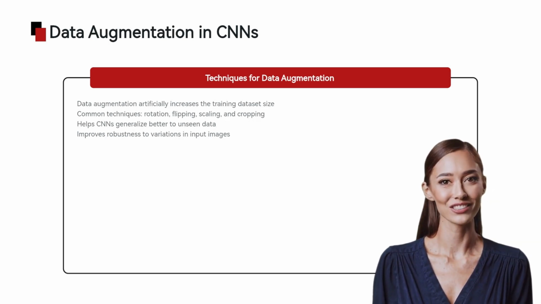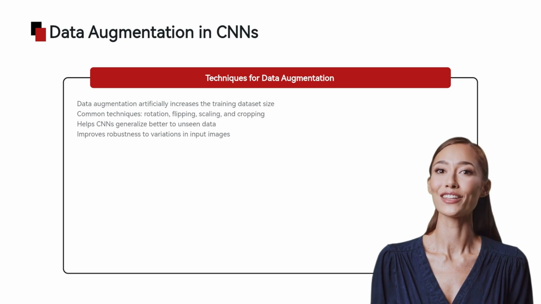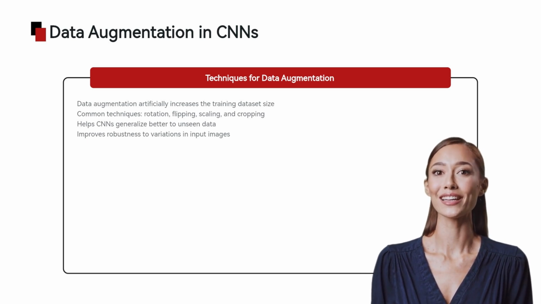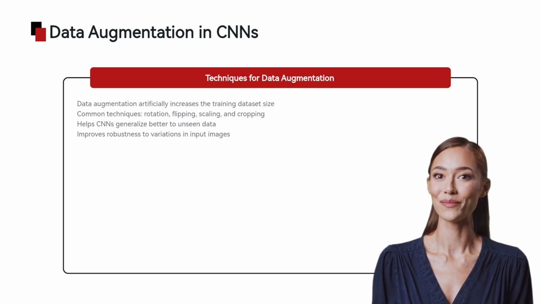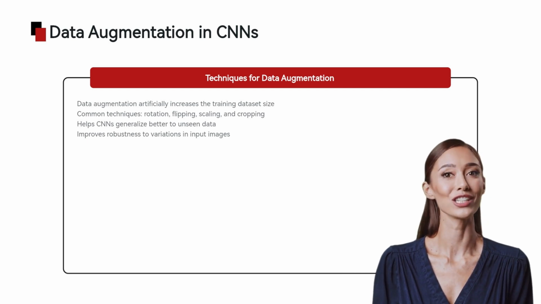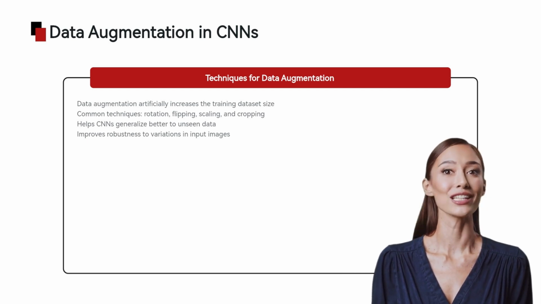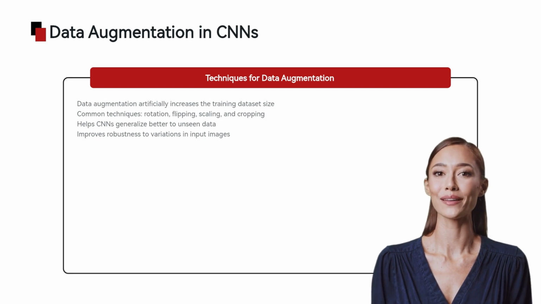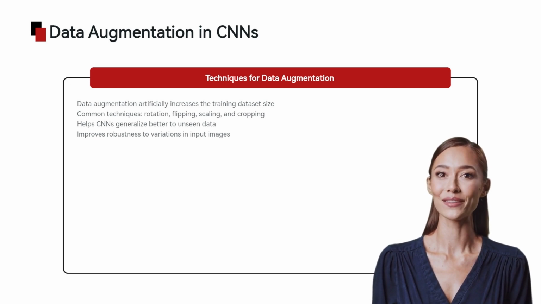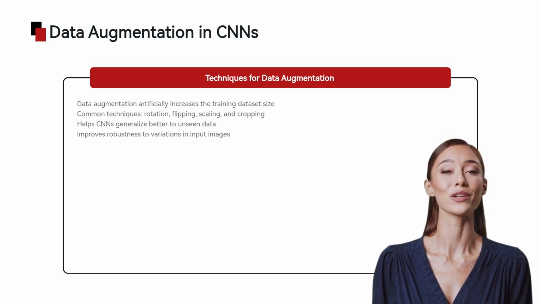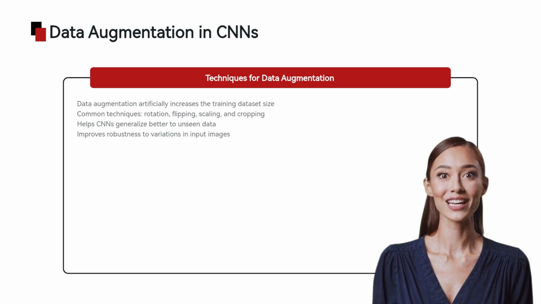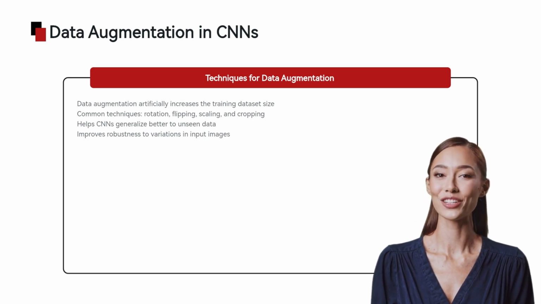Data augmentation is a powerful technique used in CNNs to artificially expand the training dataset. By applying random transformations to the input images, such as rotations, flips, scaling, and cropping, we create new, varied versions of the same image. This helps the network become more robust to different orientations, scales, and distortions of objects in images.